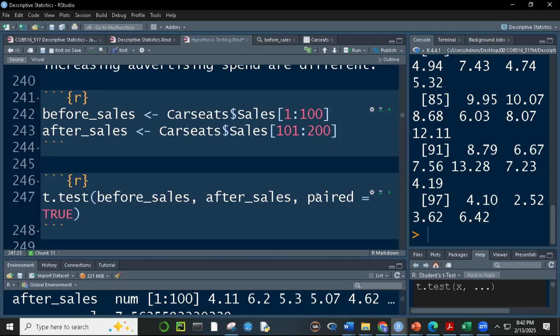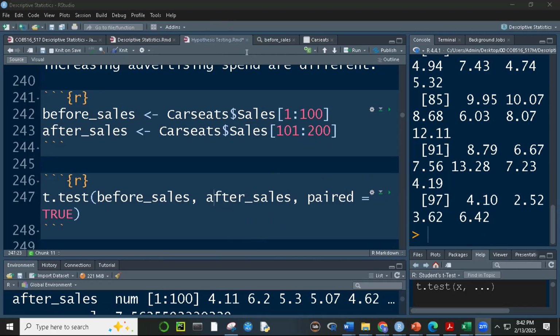And then we have to define that it's paired. Paired is equal to TRUE. So you can see the difference between a one sample t-test, an independent two sample t-test, and a paired t-test. I'll wait for you to run the code, and then if you're able to run it, please chat yes.